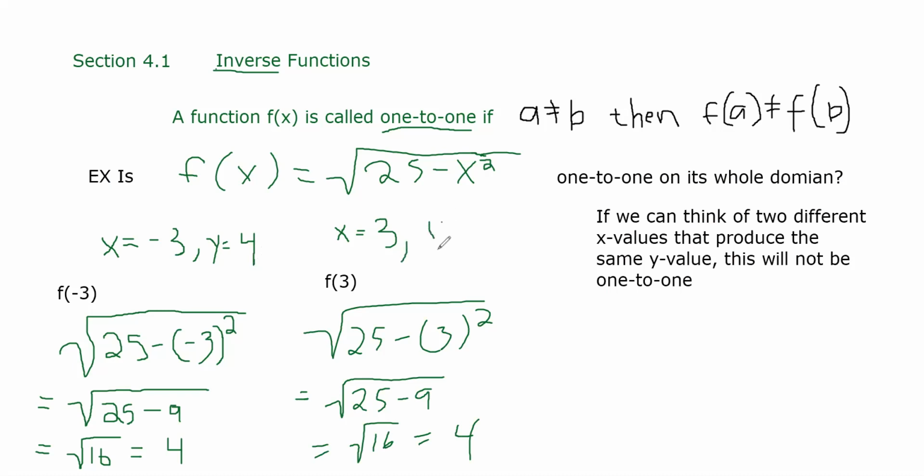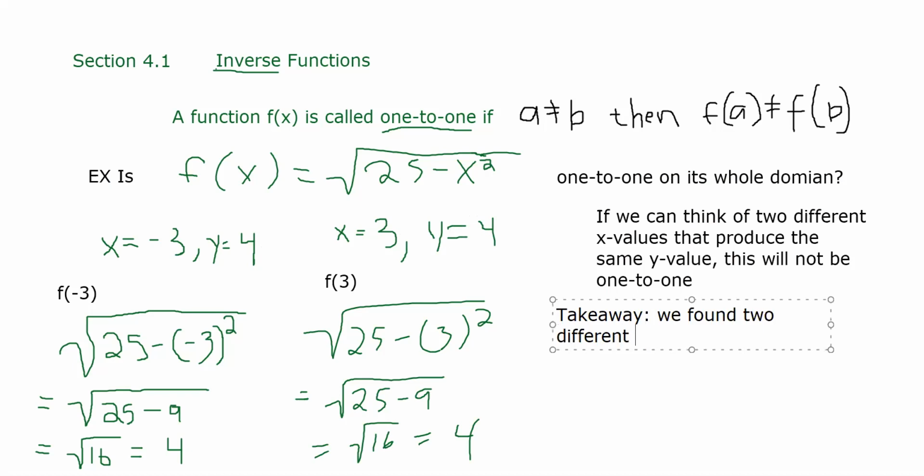So x equals 3, y equals 4 whenever you do that one. So the takeaway is this. We found two different x values. Negative 3 and positive 3 are two completely different x values from each other.